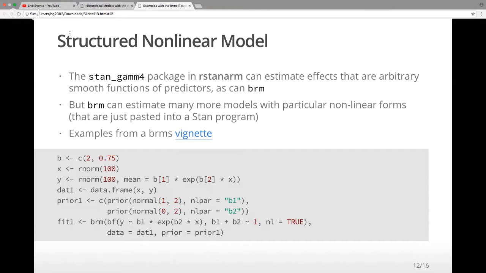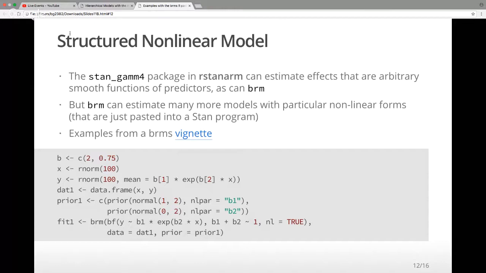And then you just call brm, wrapping the formula in the bf function, which I think doesn't stand for Bayes factor. It stands for something like brms formula or Bayesian formula. And you just put y tilde and then the functional form that you think represents the conditional mean for this process.